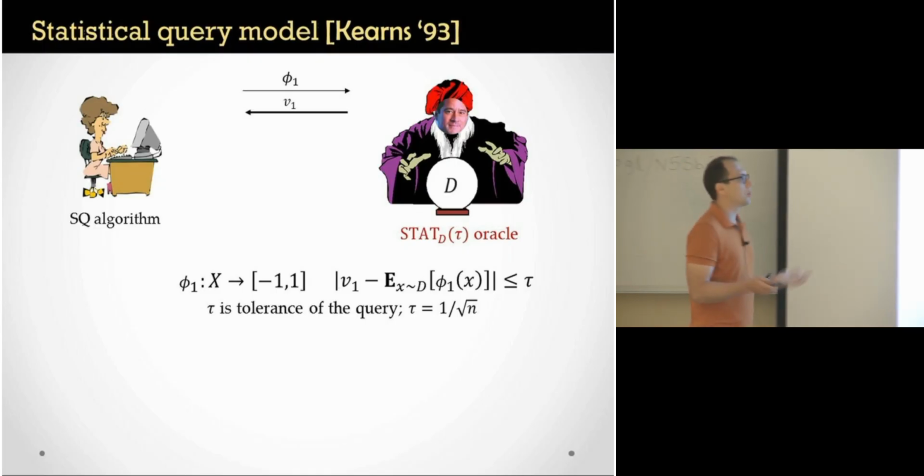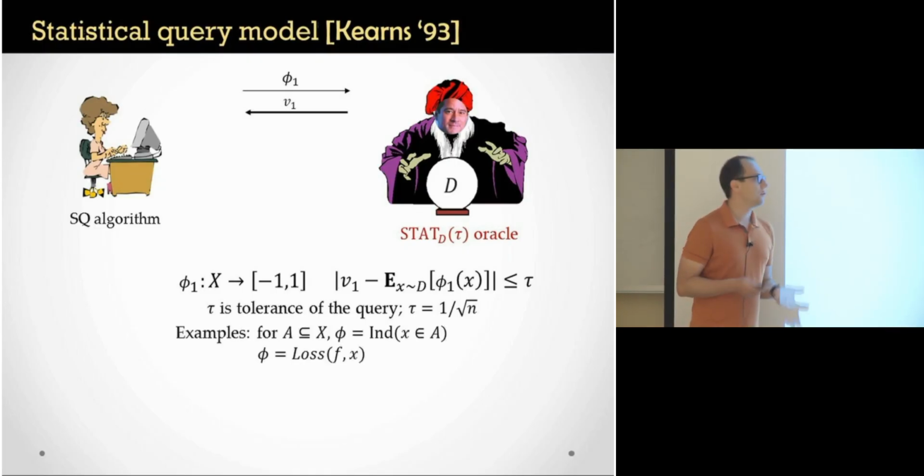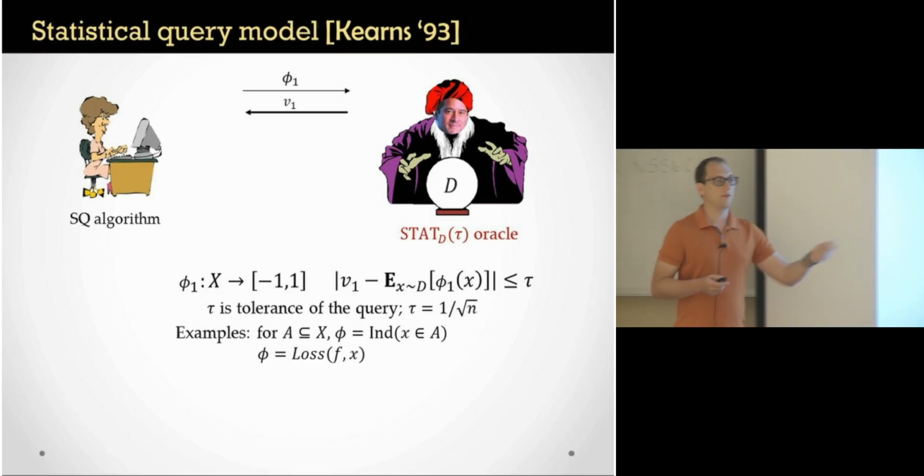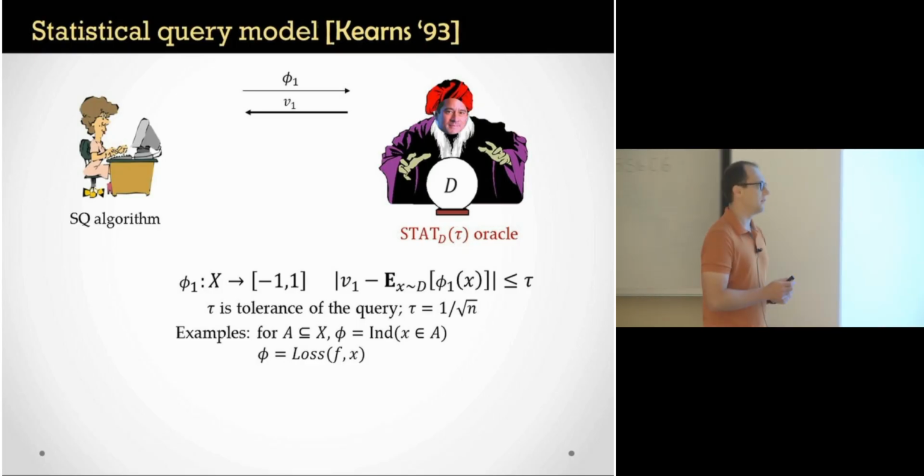So, for example, of the things you can do with such queries, for any event, if you define a function to be the indicator function of that event, then the estimate of the expectation of this function will give you an estimate of the probability of the event.